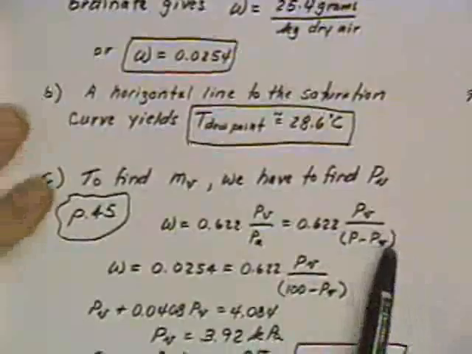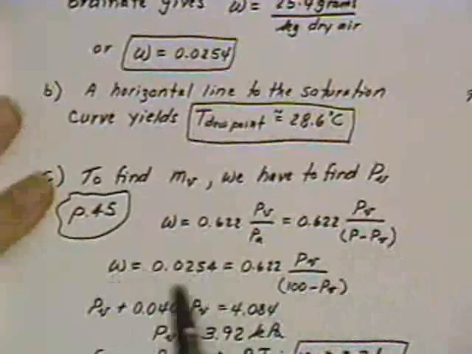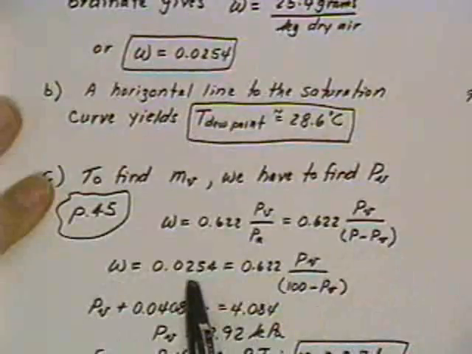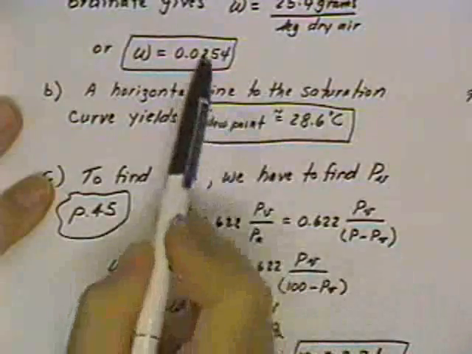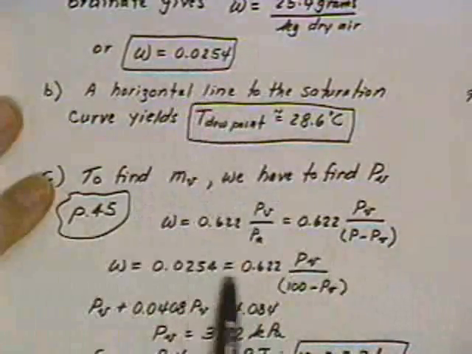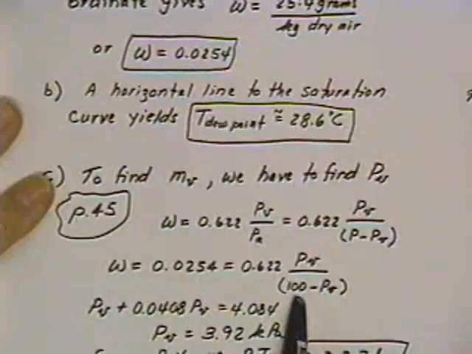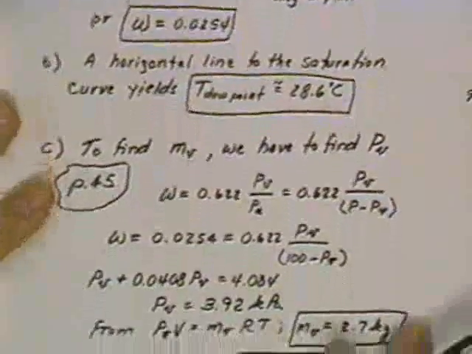And so if we plug into this equation for omega, we know that omega is 0.0254. We just found this out off the psych chart. So omega is 0.0254, that's 0.622 times the pressure of the vapor over 100 kilopascals minus the pressure of the vapor.